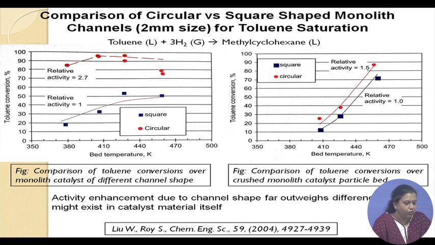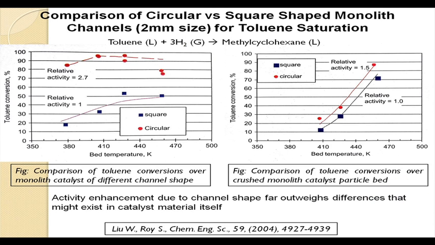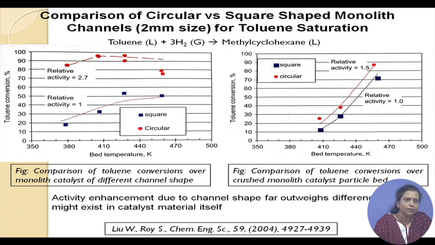Well, then they wanted to see whether there is something to do with the catalyst material rather than the catalyst shape. So, for that they took the catalyst, crushed it, and sieved it into 100 to 200 mesh particles.